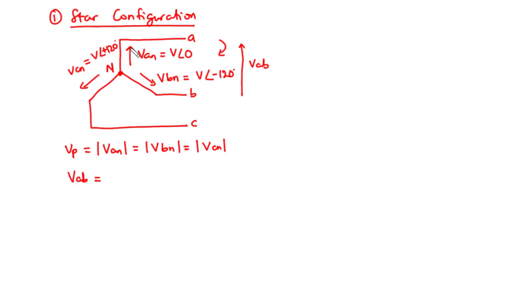So we are going to have VAN plus VNB, and that is the same as VAN plus negative VBN. Now let's substitute the values of VAN and then VBN. So for VAN we have V polar 0, and then for VBN we have V polar negative 120.